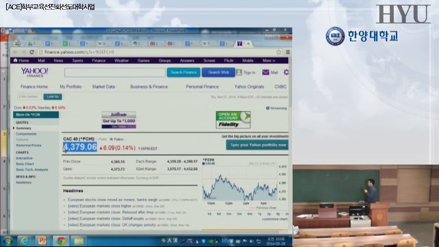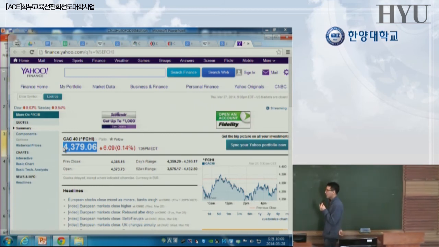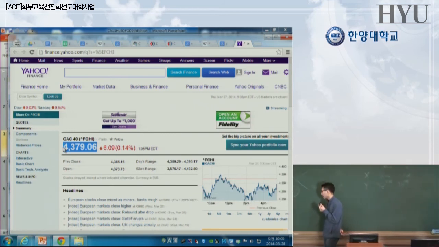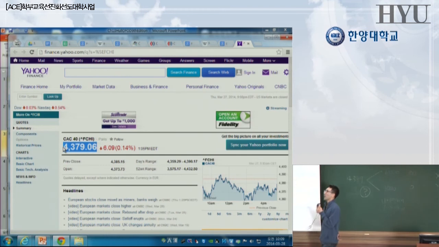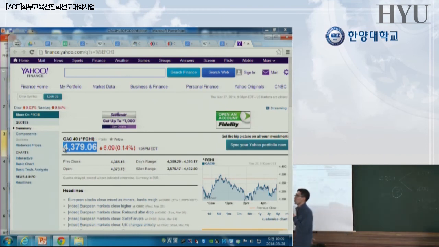Okay, so if you invest X euros in the stock market and Y euros in the French government bond, your portfolio is this.